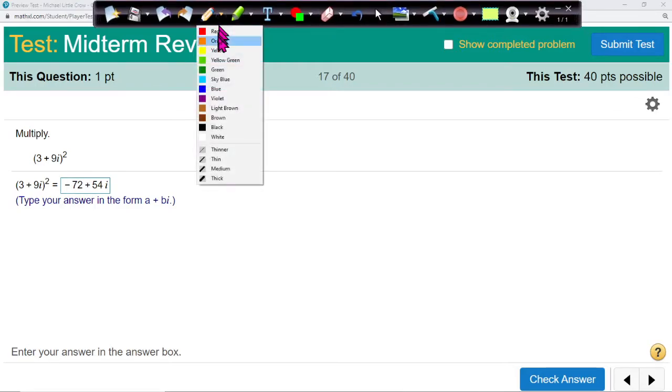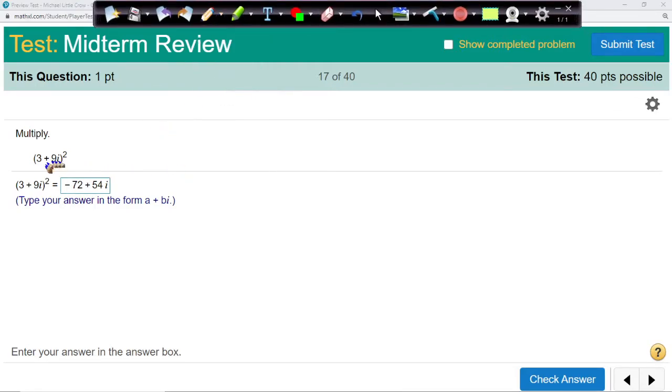Simple, right? You just treat the i as if it was an x, sort of, except that when we do get an i squared, we don't just leave it as i squared because that is equal to negative 1. That's the imaginary number. We don't know what i is per se, but we do know that when we square i, we get negative 1.